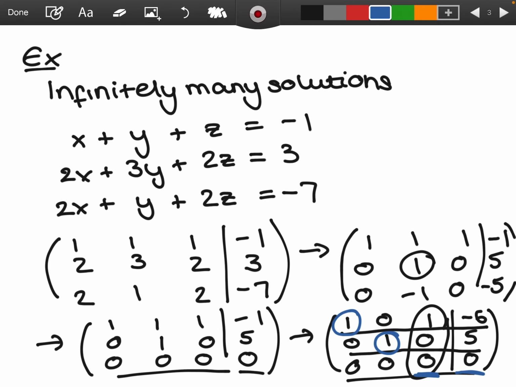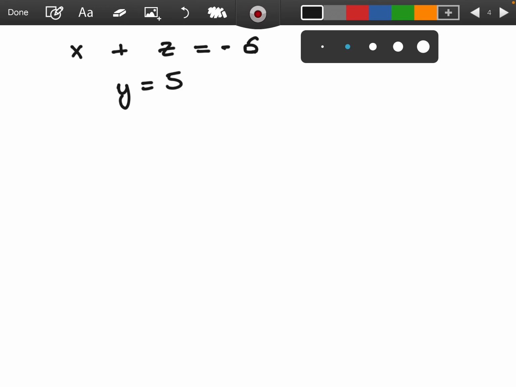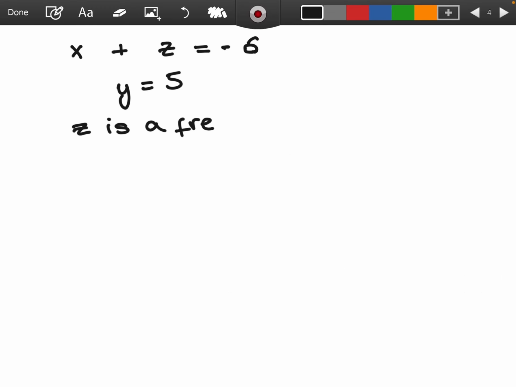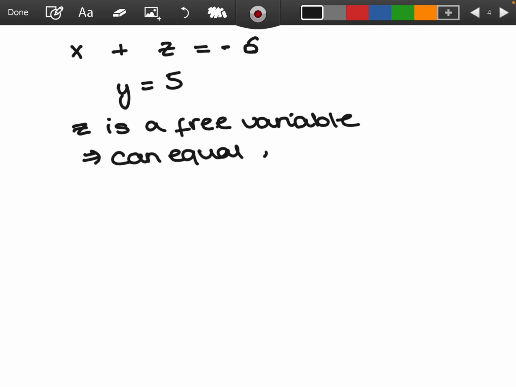So we know in this case that we only have our 2 pivots and our third column has no pivots in it, meaning that the variable corresponding to our third column must be a free variable. So we know that z is a free variable. It is unconstrained, it can equal any value.